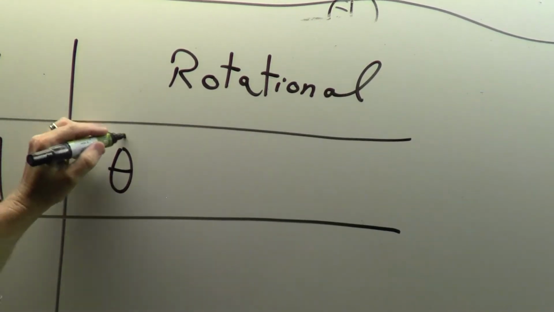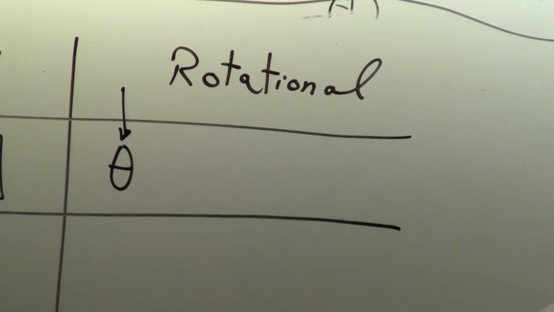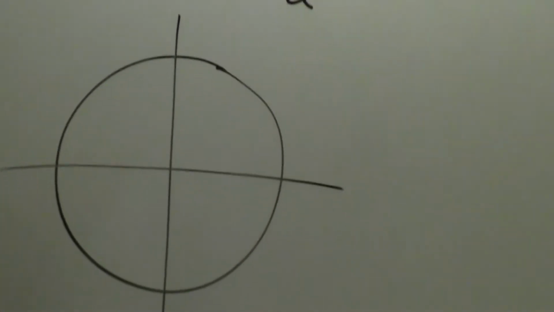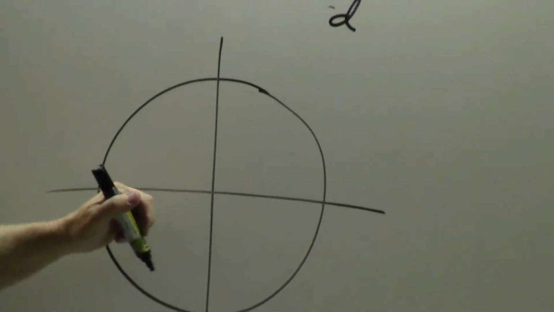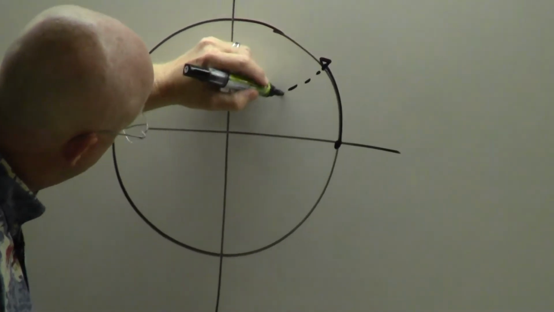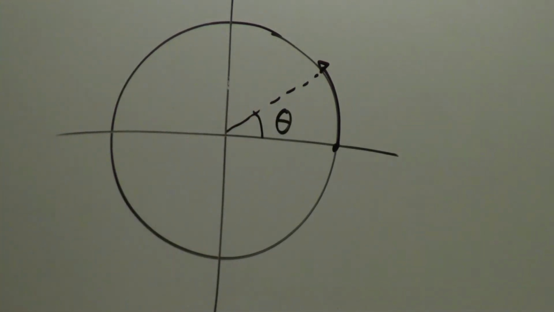I'll just put the traditional symbol here. Maybe I'll draw a picture to go with this translational motion. And then just say, if it moves, then this right here is its angle.